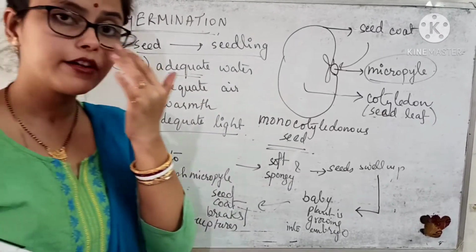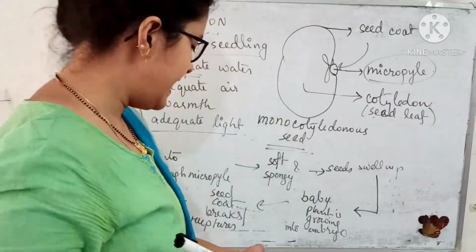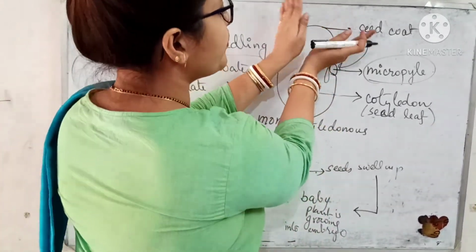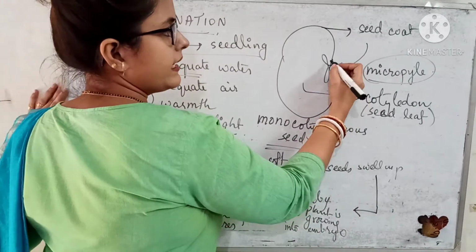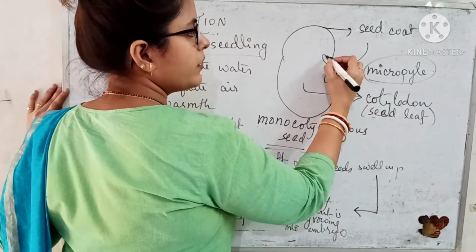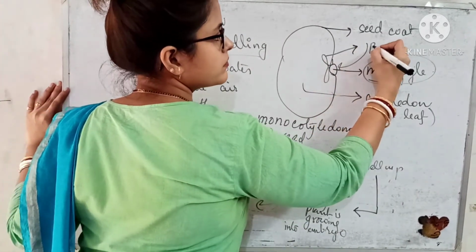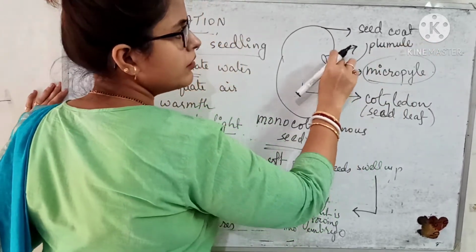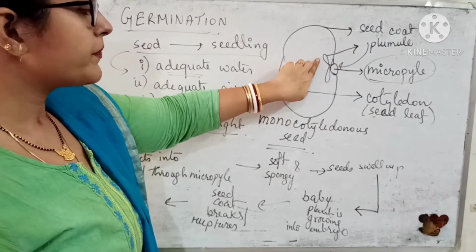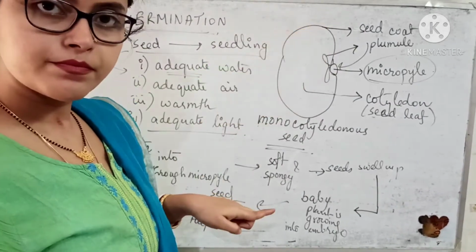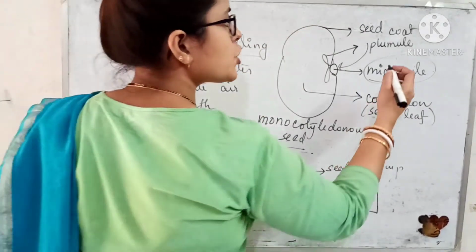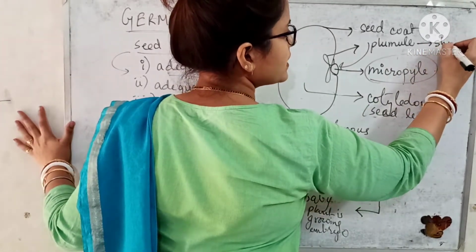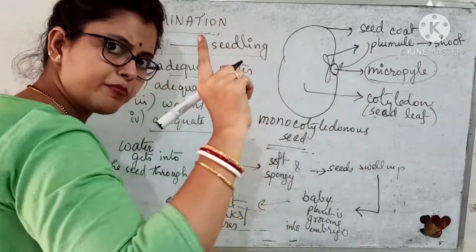Now, when the seed coat breaks, this part of the embryo called the plumule moves upwards to form the shoot, the little stem of the plant.